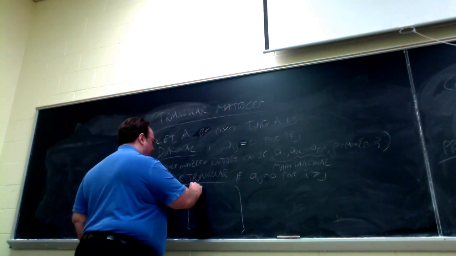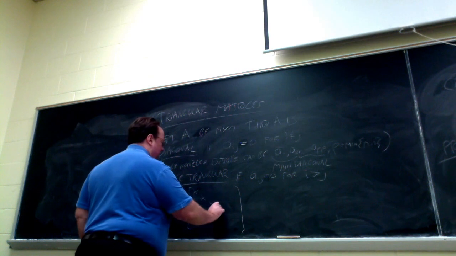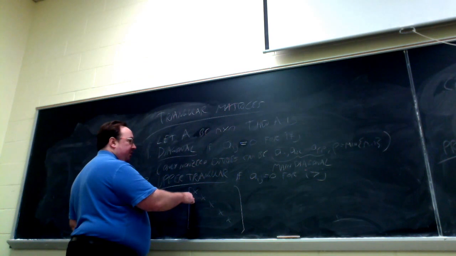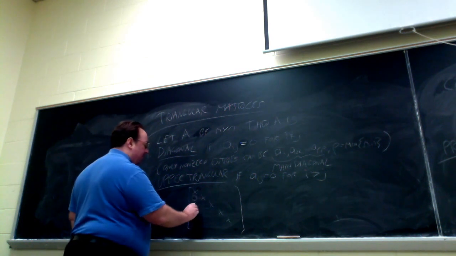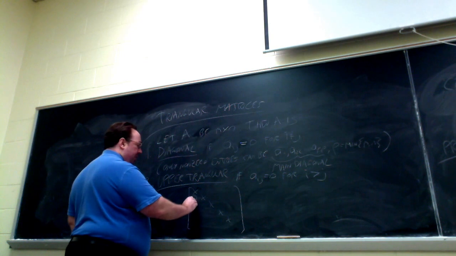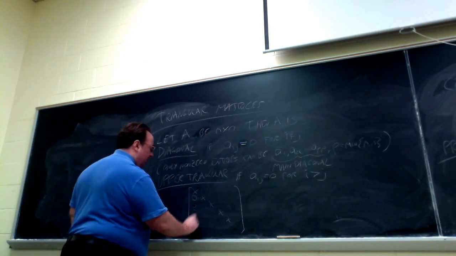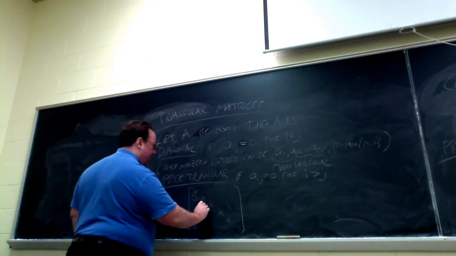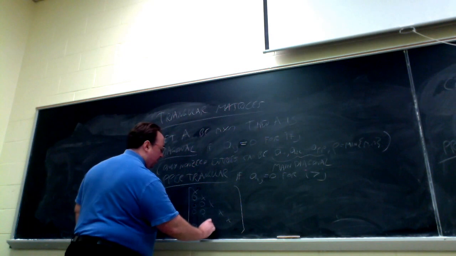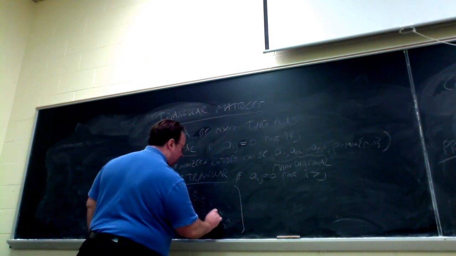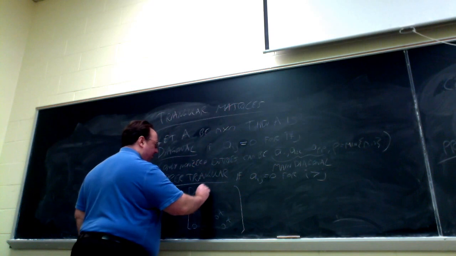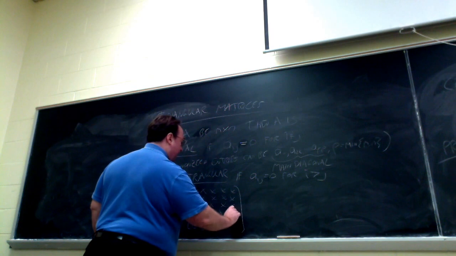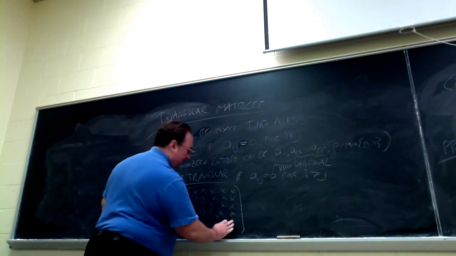The diagonal entries are allowed to be non-zero. But what about the 2,1 entry? Here i is greater than j, so that must be 0. And then row 3, column 1, so anything further down. And the 3,2 entry, i is greater than j again, so those have to be 0. So everything below the main diagonal is 0. We have non-zero entries up here. So now you can see why it's called upper triangular.